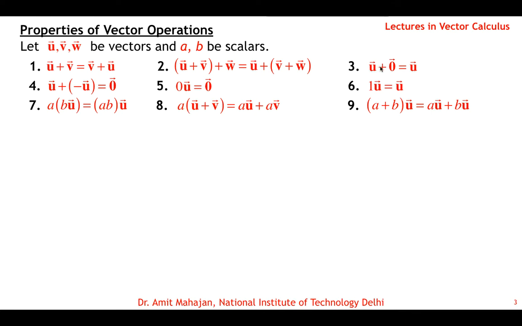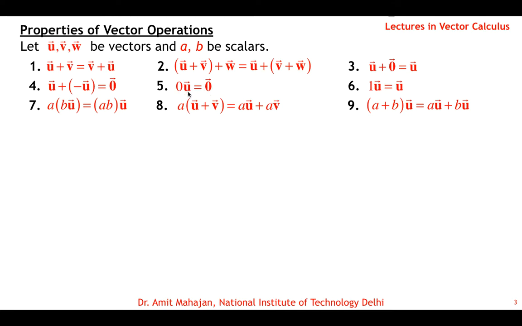u plus the zero vector is the u vector. So if we add the zero vector to any vector, it gives the same result. The fourth is u vector plus minus u vector is the zero vector. Fifth, the scalar multiple of a vector where the scalar is 0 is a zero vector.